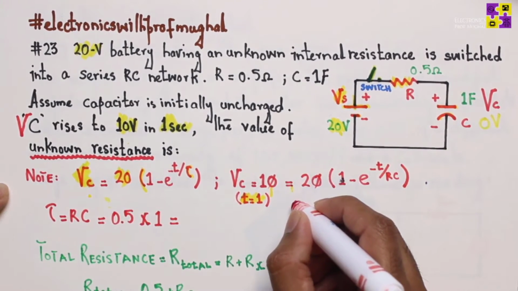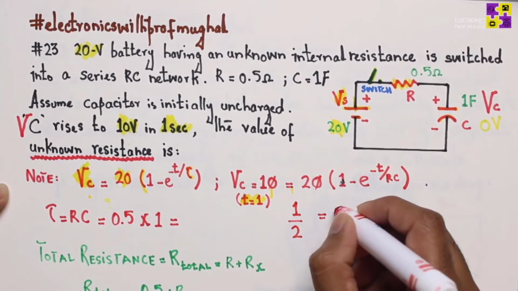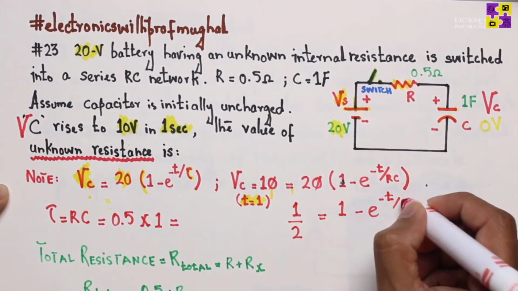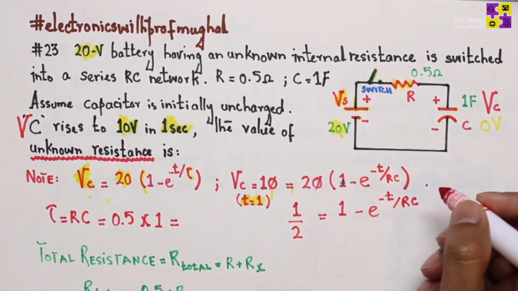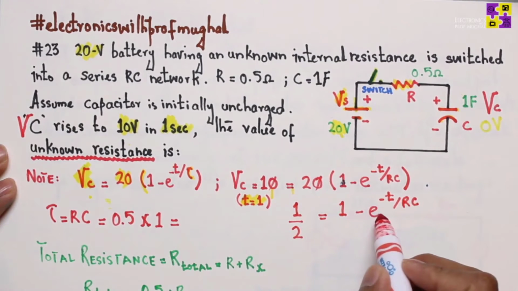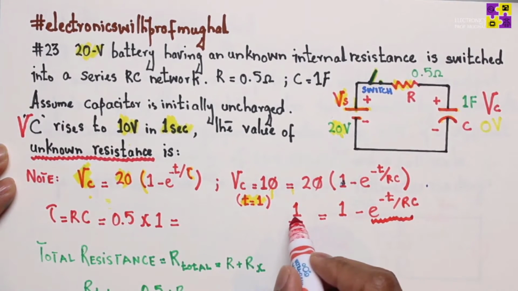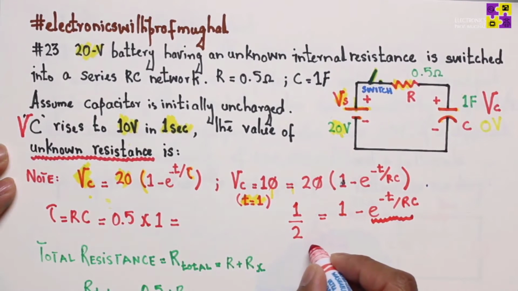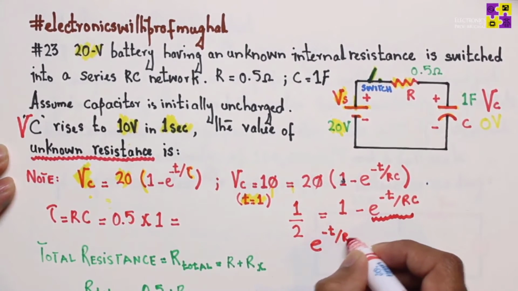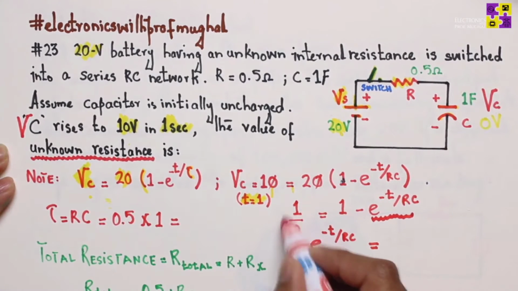So it becomes 1 over 2 equals 1 minus e to the power negative t over RC, correct? If I rearrange this equation, taking this part to the left and this part to the right hand side, it becomes e to the power negative t over RC equals 1 minus 0.5, right?